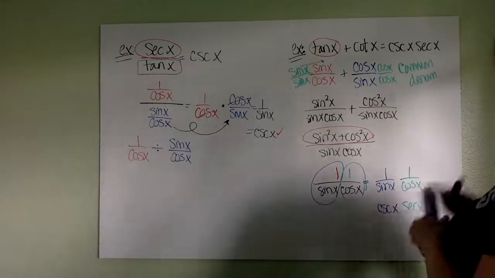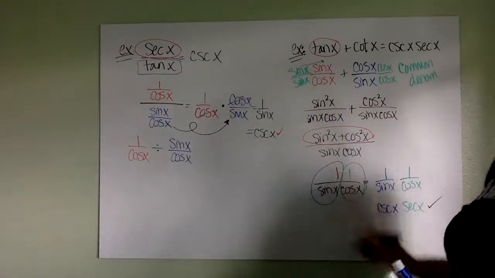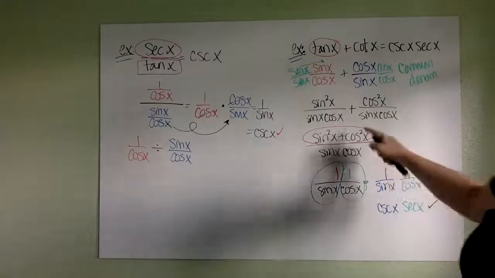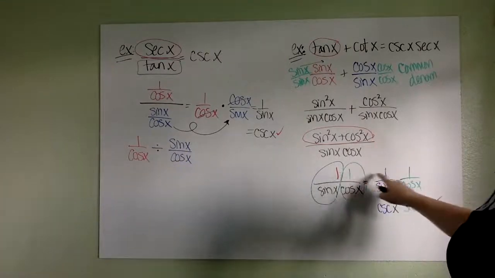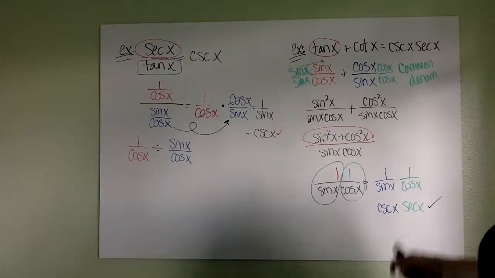Why is it okay to put 2 1s on the top? Because there was a 1 there, right? And 1 times 1, still 1. So I didn't change anything. That's the answer there.